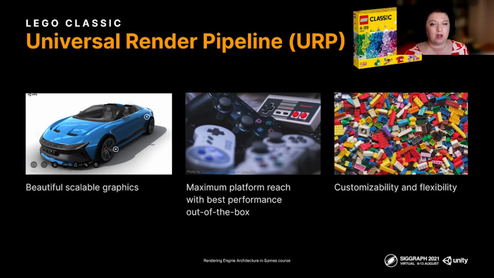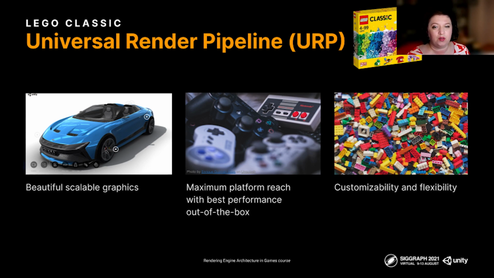So in the Lego terminology, URP is the Lego Classic. It's accessible, the barrier to entry for developers is lower, you have the maximum flexibility to build the type of visuals that you're after, reach your audience on as many platforms as possible, and build beautiful creations with great performance. Yet, if you're seeking the bleeding edge, you may have some limitations toward perfection.